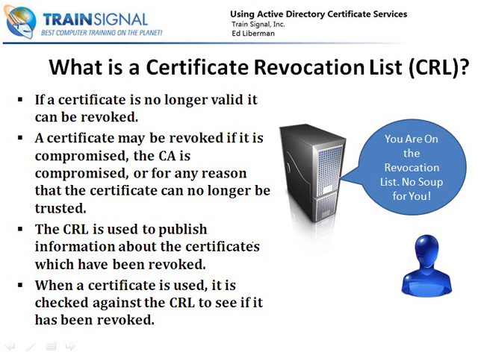Even if some entity has their hands on a certificate which says they are somebody or something, if you check against the CRL, that's how you can truly know whether it is okay to trust this entity. That's a very important step, because if you don't check it against the CRL, you don't know if the user is who they say they are or the computer is who it says it is.